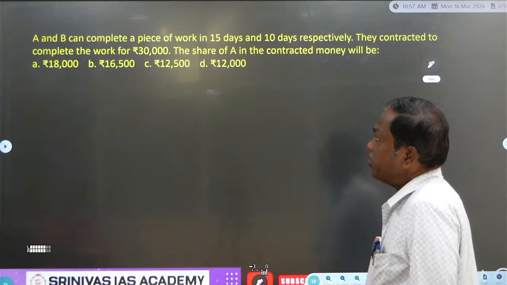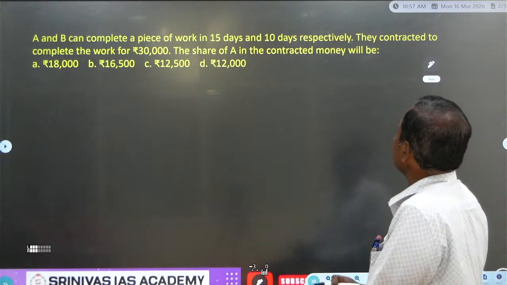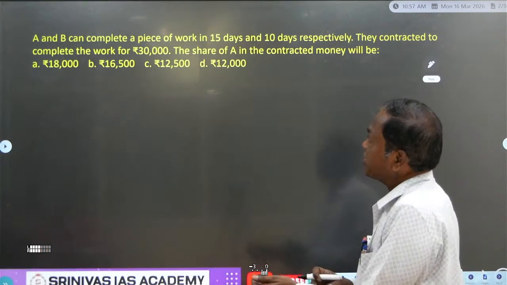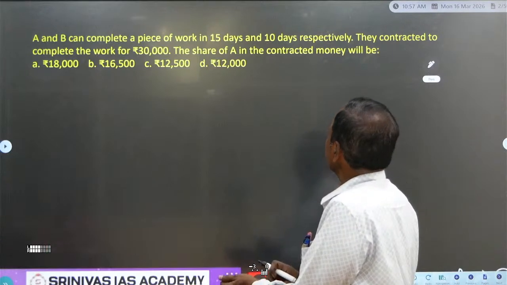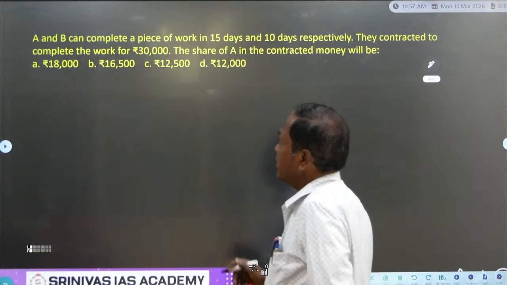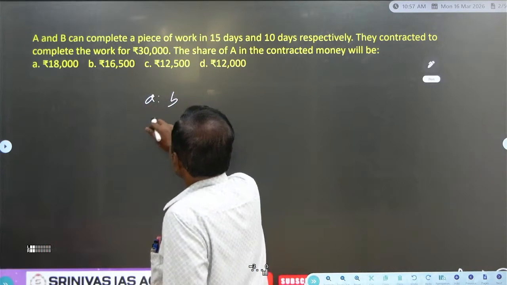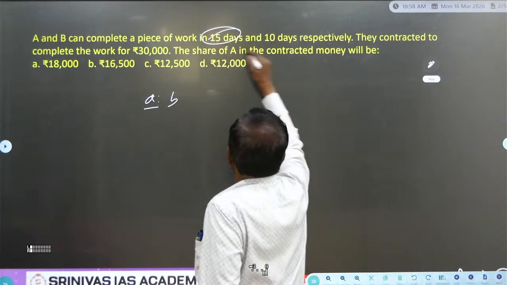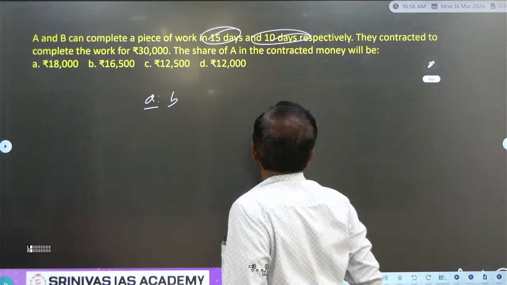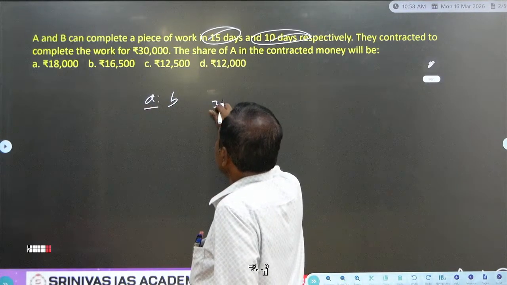Now, A and B can complete a piece of work in 15 days and 10 days respectively. They contracted to complete the work for 30,000. What will be the share of A? So A takes 15 days, B takes 10 days.